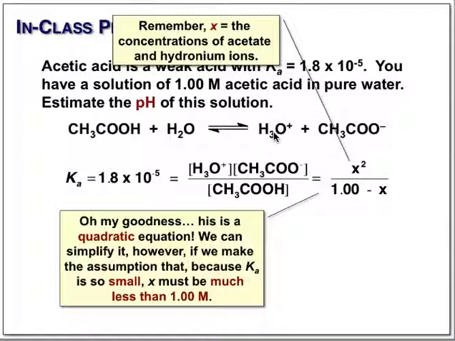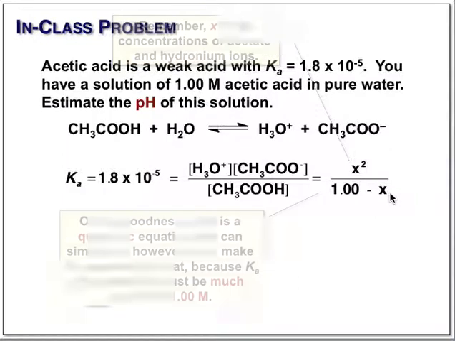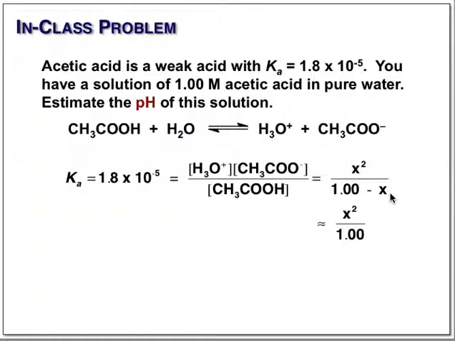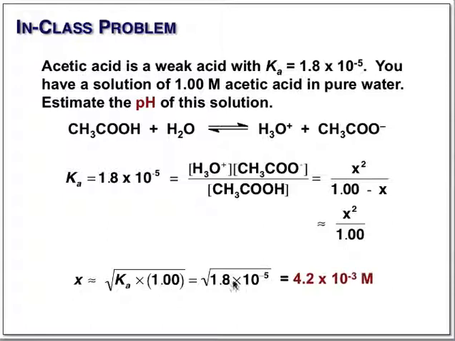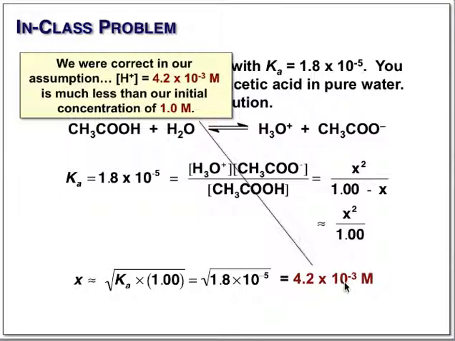It's going to be much, much less than 1. Therefore, 1 minus x is essentially going to be 1. Now we can take the equation and rearrange it. x is approximately equal to the square root of the Ka, that's 1.8 times 10 to the minus 5, times our concentration, which we said was 1 molar, or 4.2 times 10 to the minus 3 molar.